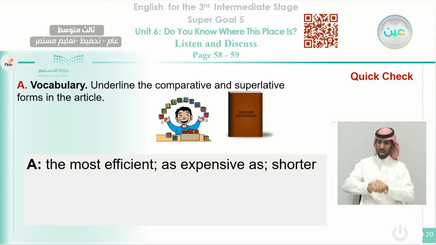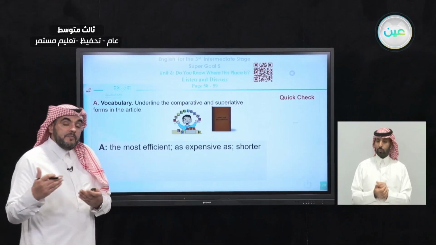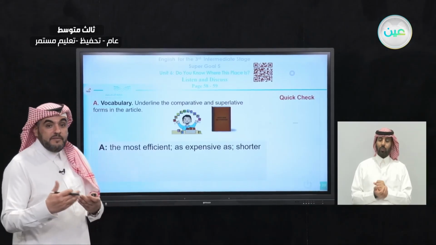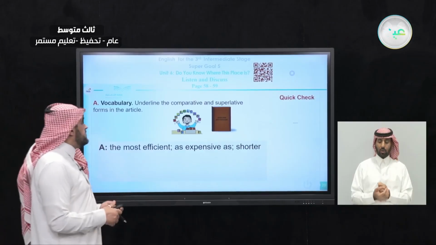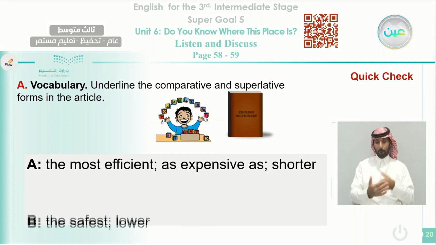Here we're using the superlative form with the long adjectives. As expensive as: here we're comparing two things, like planes with trains. They have the same rate or the same price. Also, we use shorter, a short adjective which indicates a comparative form.